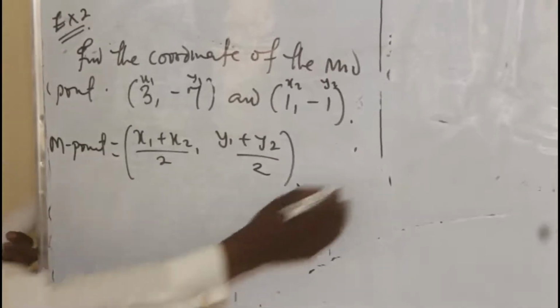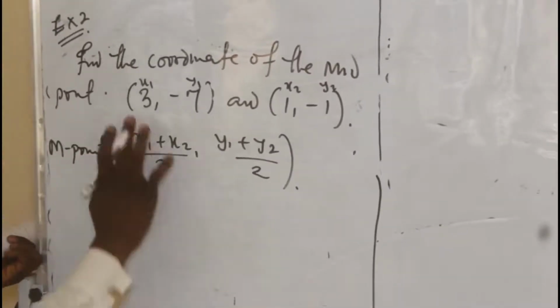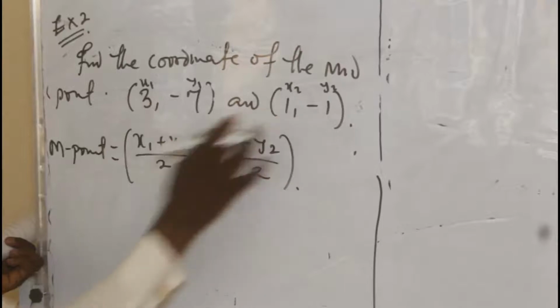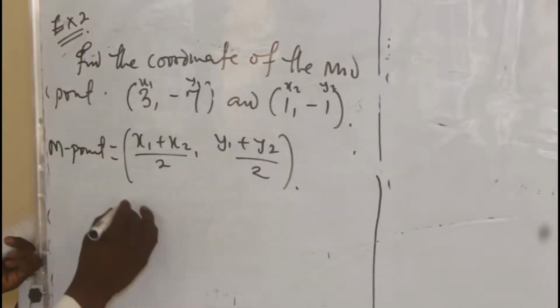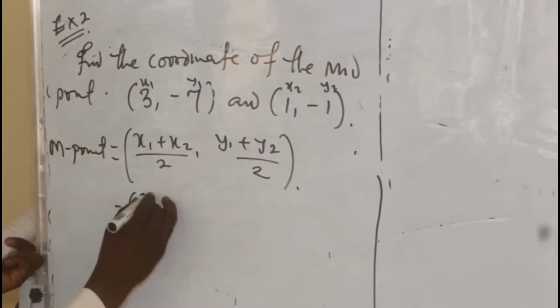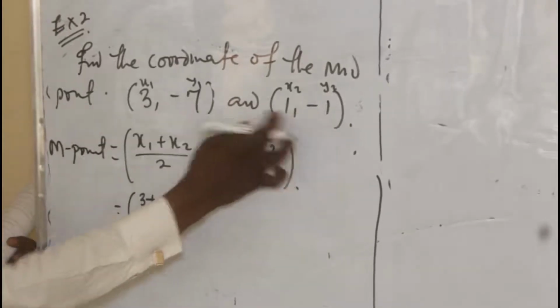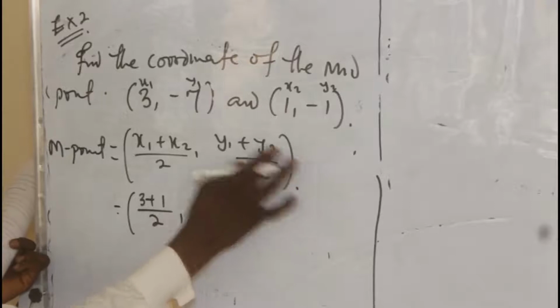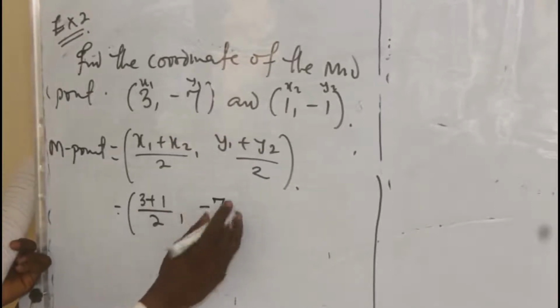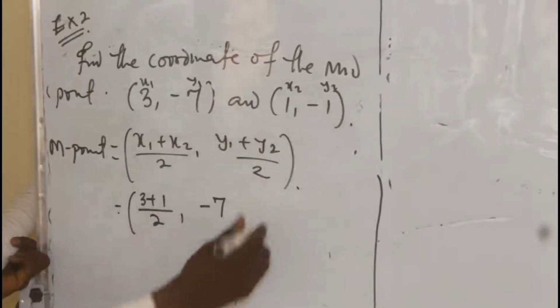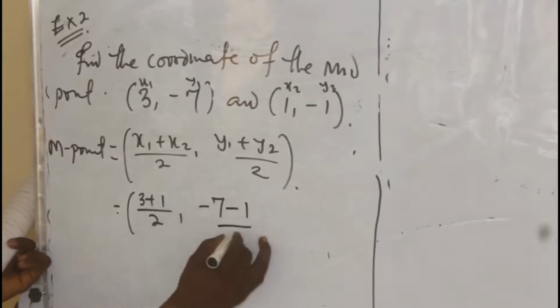Just to substitute it. So if you are to substitute this back, what are you going to have? x1 plus x2 is 3 plus 1 over 2. Then y1 plus y2: we have minus 7 plus minus, which is minus, so minus 7 minus 1 over 2.